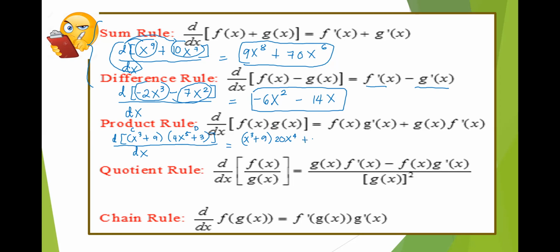Okay. Plus, remember this is a plus of or a sum of products. Yan. So, ang kakopy naman natin is the second factor, which is 4x to the 5th plus 3. And then, yung ating i-differentiate is the first factor, which is 3x squared.